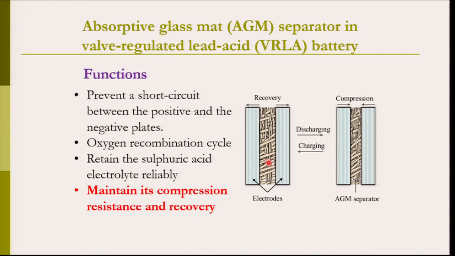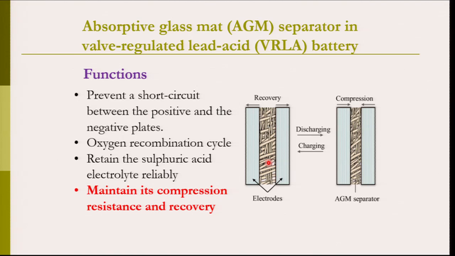So, during compression, the sulfuric acid would be pushed out of the AGM separator, and there will be a loss of electrolyte solution. In that case, obviously more oxygen would transport from the positive plate to the negative plate, and as we discussed earlier, there is a possibility of a thermal runaway issue. So, compression and recovery characteristics are significantly important for AGM separators.